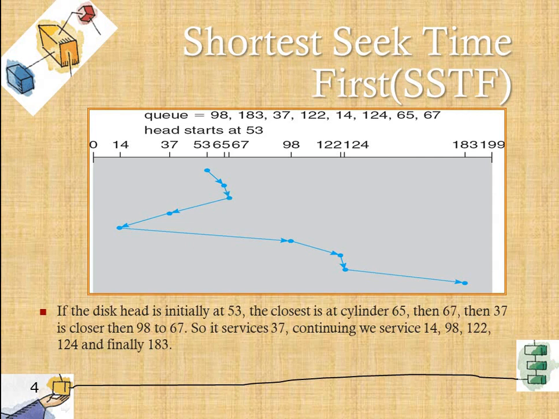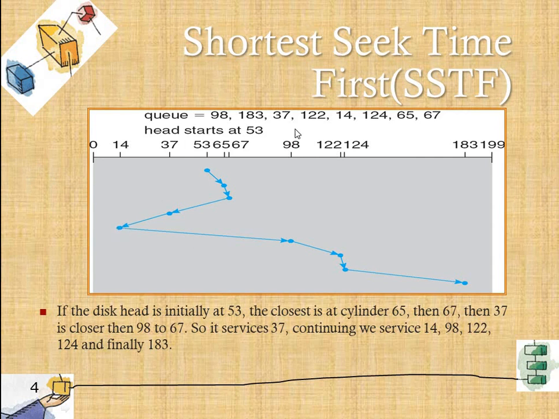So better is that from 67 we go to 37. Now from 37, the closest in the entire queue is 14. So here we are going to select 14.